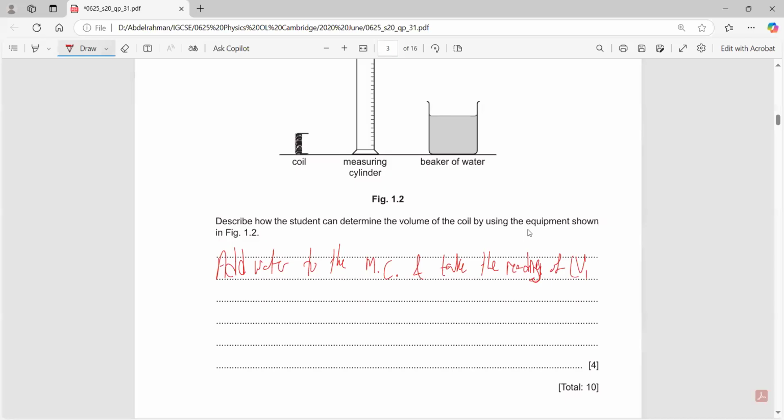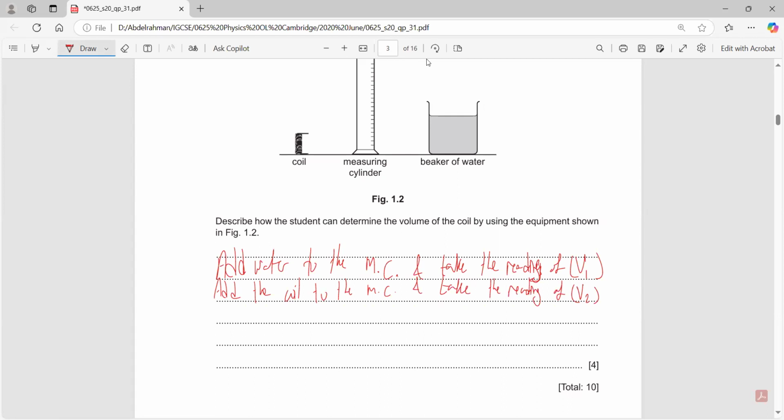Then add the coil to the water in the measuring cylinder again, and take the reading of volume 2. To find the volume, he's only asking about the volume, not the density.